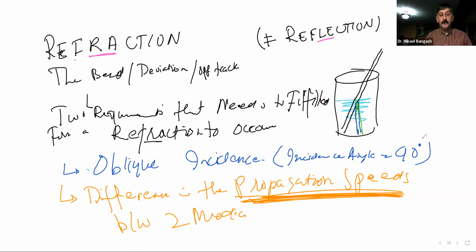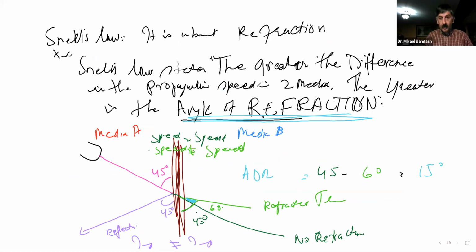But the second requirement, and both have to be fulfilled for a refraction to occur, is that you also have to have different speeds in the two media. And that's why we said in Snell's law that the greater the difference in the propagation speed, the greater is going to be the angle of refraction.